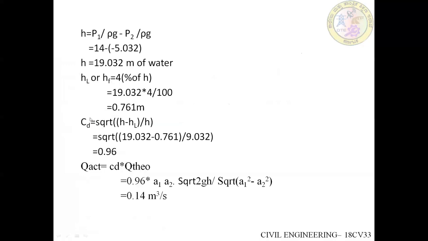After that, by knowing this head loss and the differential head value, we can directly calculate the CD value. There is a formula: CD is equal to square root of H minus HL divided by H. It is coming around 0.96. Then calculate Q actual, which is CD into Q theoretical. It is coming around 0.14 meter cube per second.